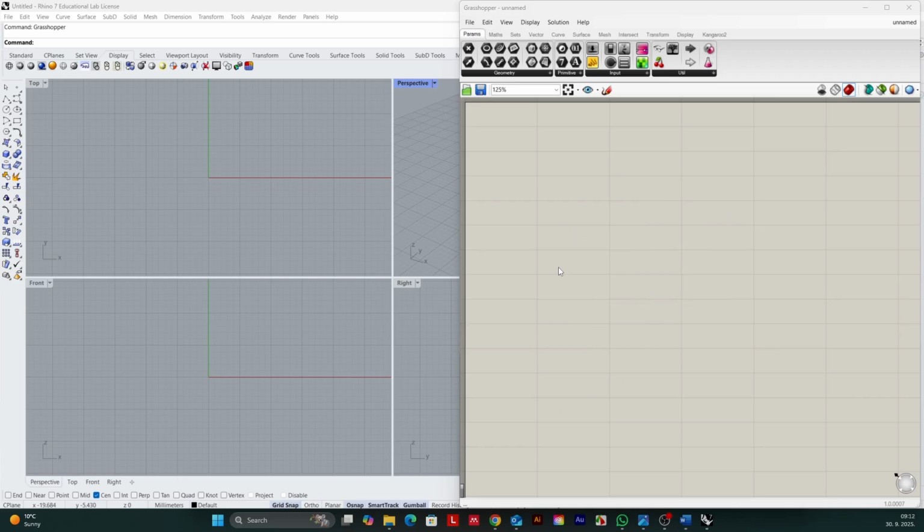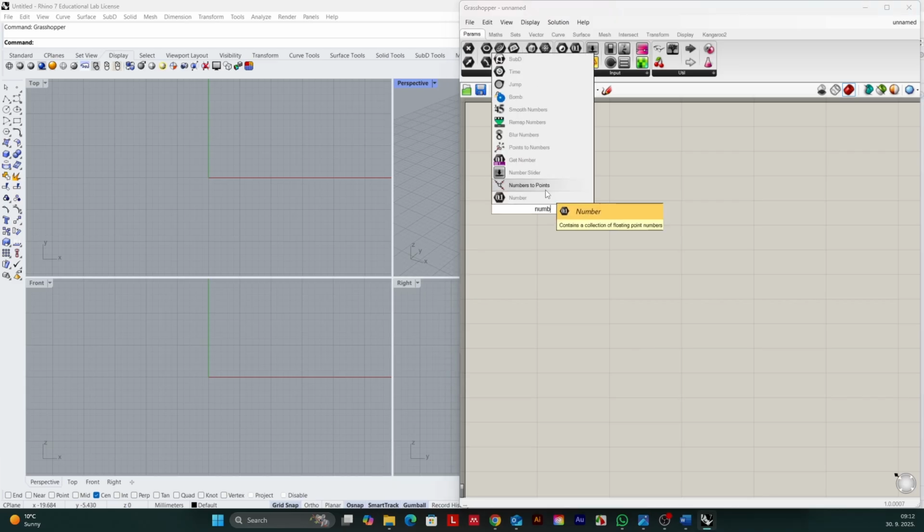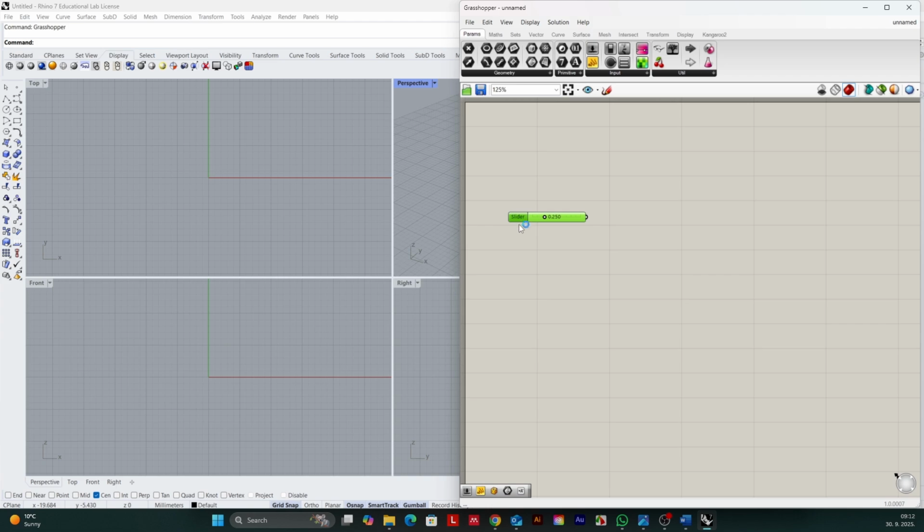First of all, we will define a number slider component, and this component will be representing half the length of the cube's side.